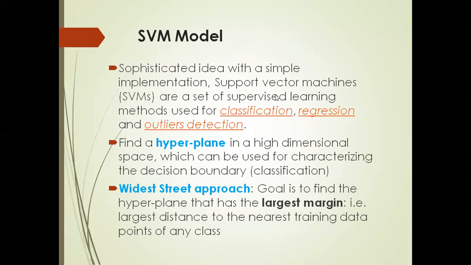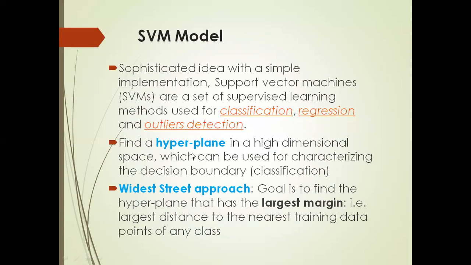So this sophisticated idea with a simple implementation, support vector machines are a set of supervised learning methods used for classification, regression, and outlier detection. So these are the techniques we have gone through in the previous lecture. Okay, so find a hyperplane in a high dimensional space which can be used for characterizing the decision boundary. So I told you what a hyperplane is.